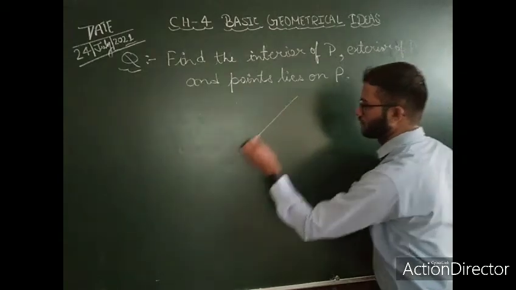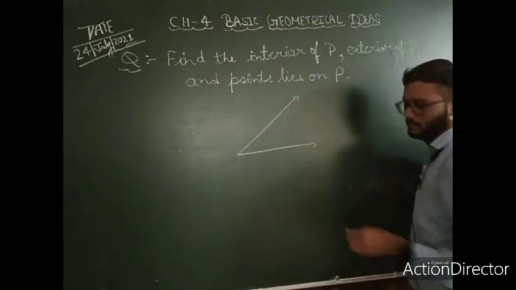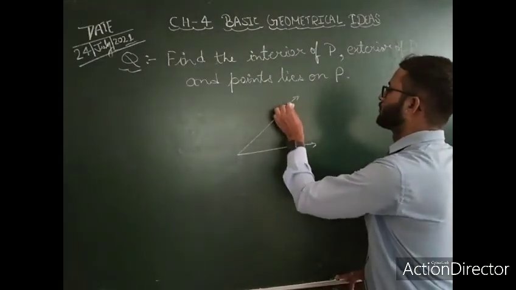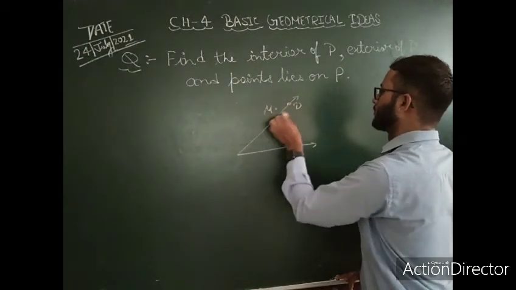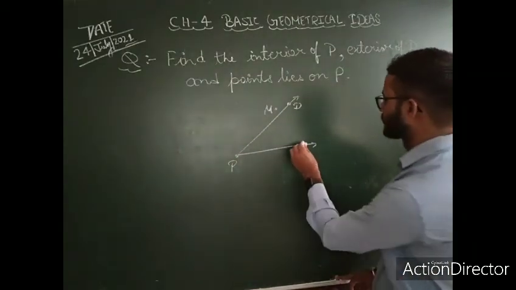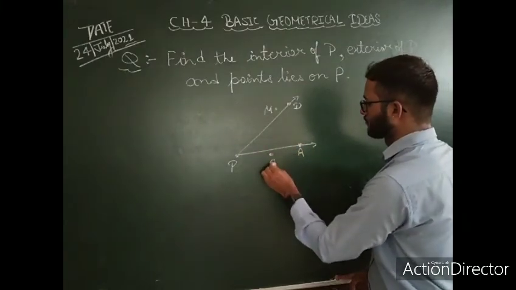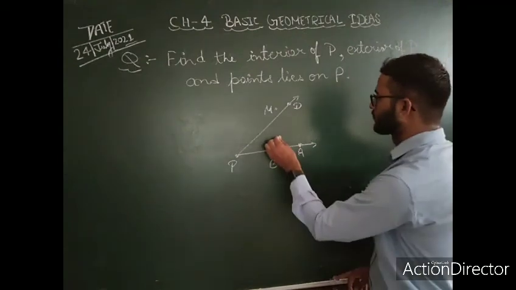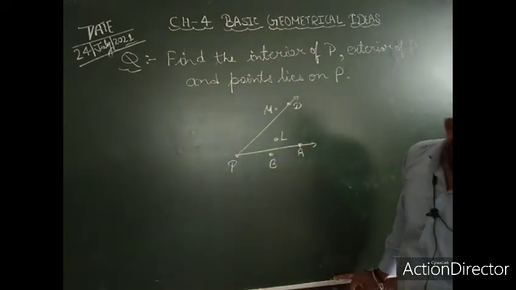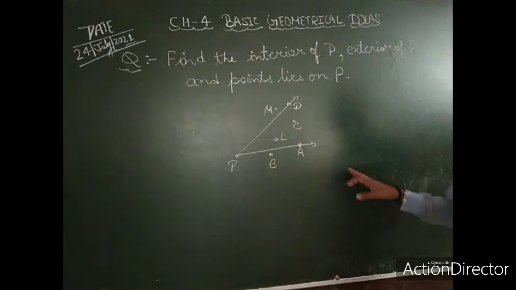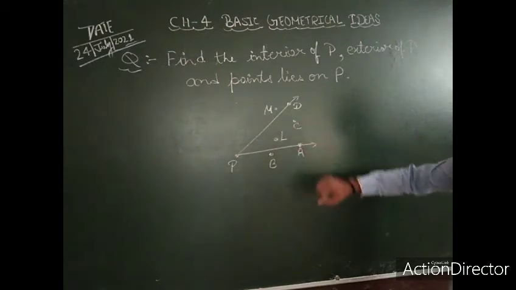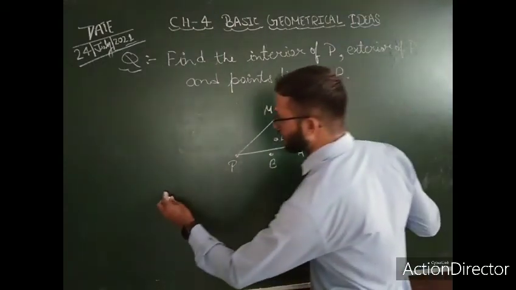So this is the figure of an angle. In the given figure, there are some interior points, some exterior points, and some points that lie on the arms, right?